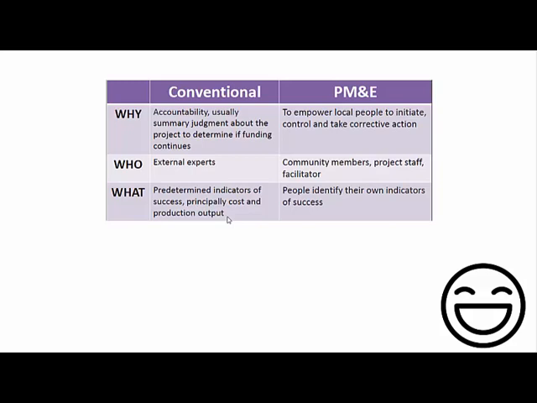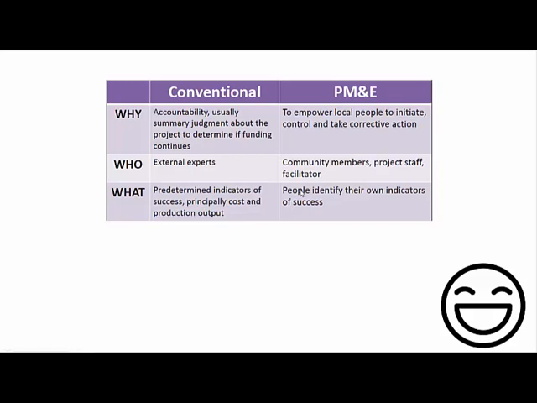You have the good intentions, but if you don't fully understand the economic, cultural and political barriers in that community, even when you come up with these indicators, they won't really get the full picture. But with PM&E, the indicators are actually determined by the people who are affected.